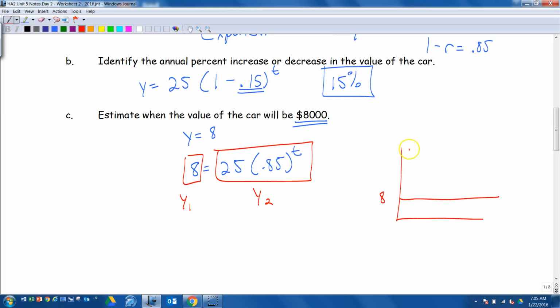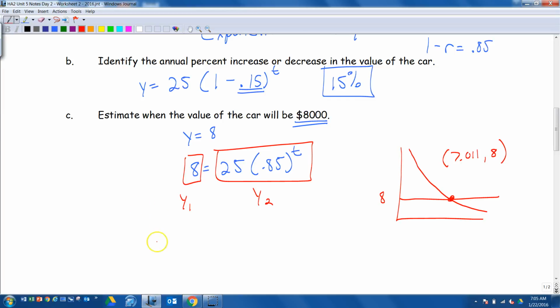And then you get a curve that looks like a decay curve. And you get a point that is 7.011, comma, 8. Okay? So, when we get that, that is our answer.